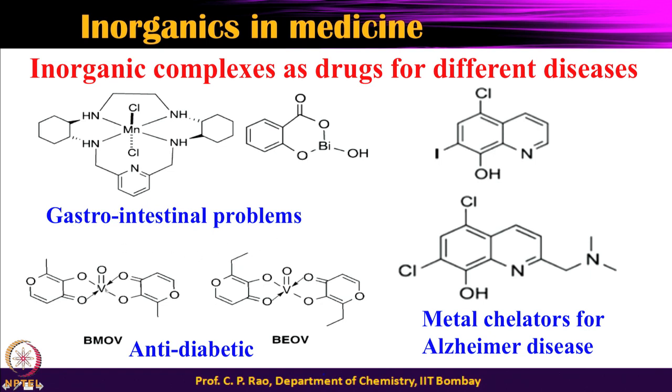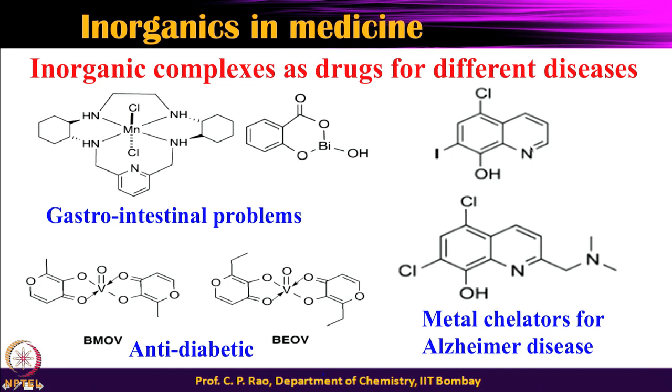gastrointestinal problems. Vanadium, you can see this compound here and the other compound here with some difference. This is the methyl part, this is the ethyl part, the only difference is the methyl ethyl derivative. These are used as anti-diabetic compounds. See some things here. So, what do you see here? There is a nitrogen, there is a hydroxyl, 1, 2, 3, 4, if you have a metal it will become 5 membered.